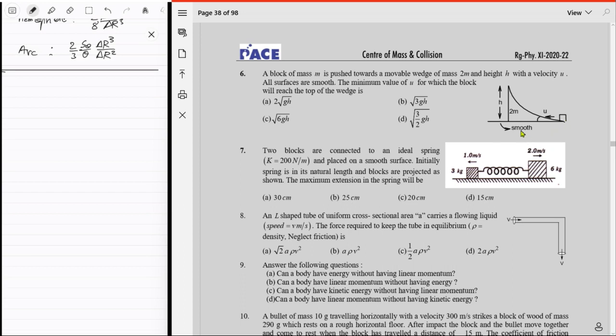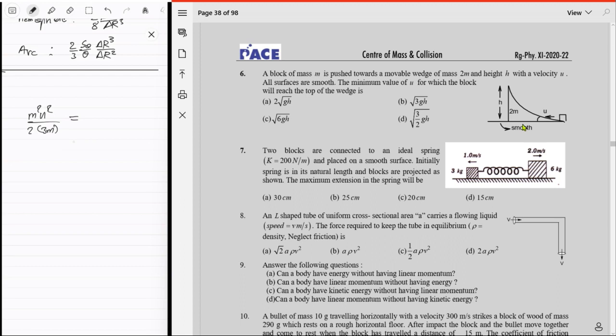So the momentum is just small m times u. So for the final state you get p squared upon 2 times the combined mass, which is 3m, that is m squared u squared upon 2 times 3m. This is the momentum in the x direction, still the same thing.